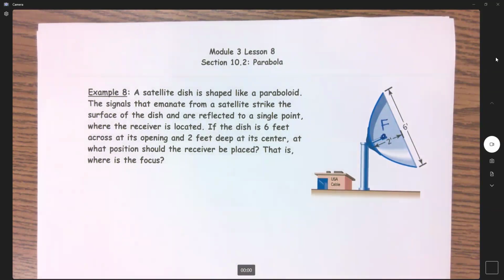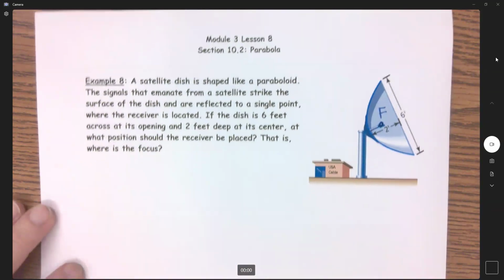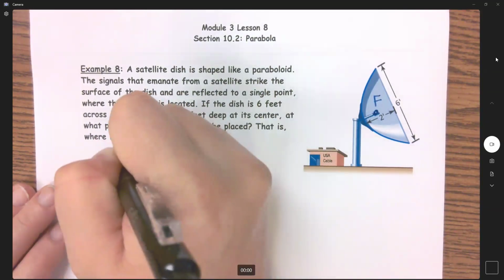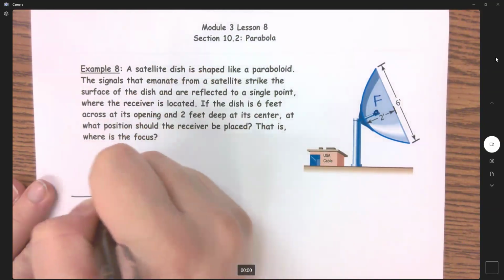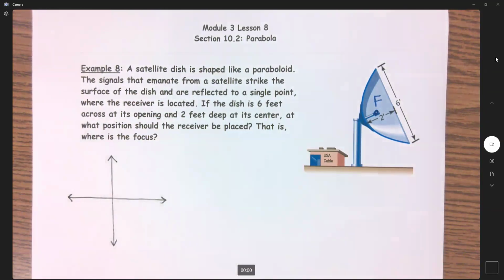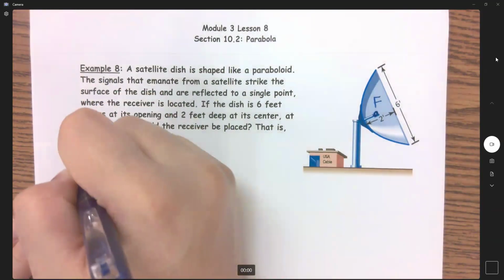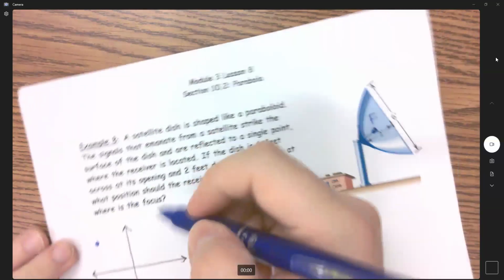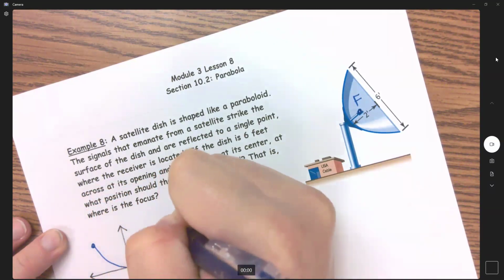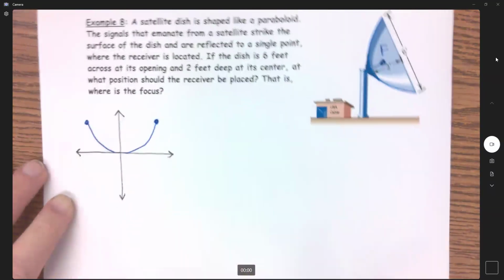So the easiest thing to do is kind of draw a rough sketch of this. We can make this parabola open any way we want, up, down, left, or right. I'm going to make it open up. So with my satellite dish, something like this right here.